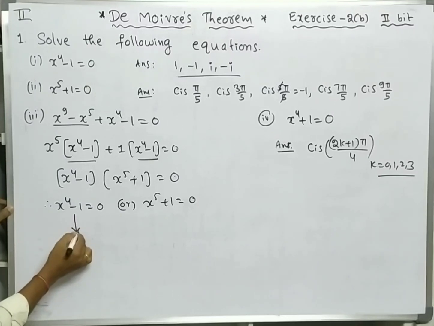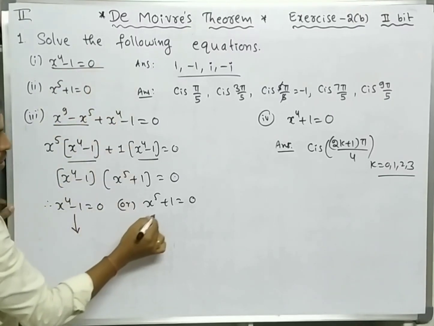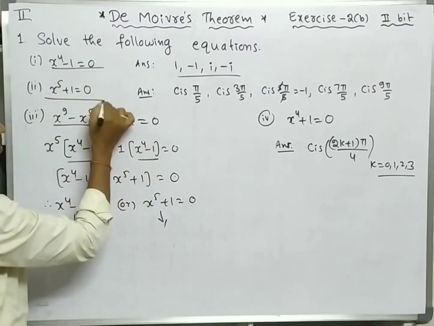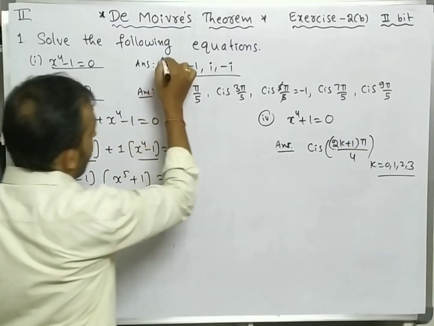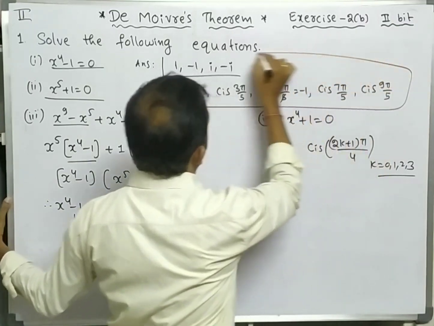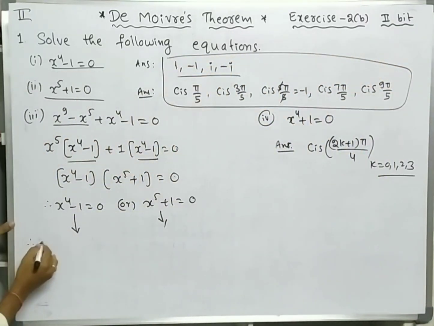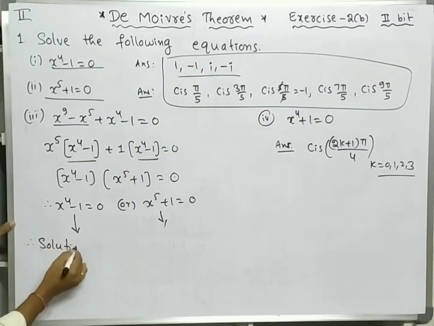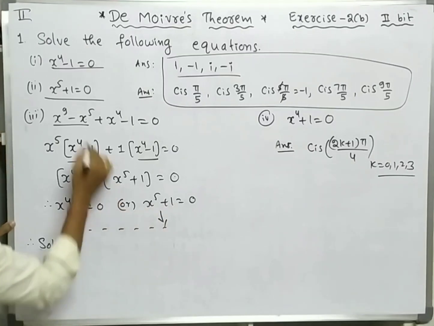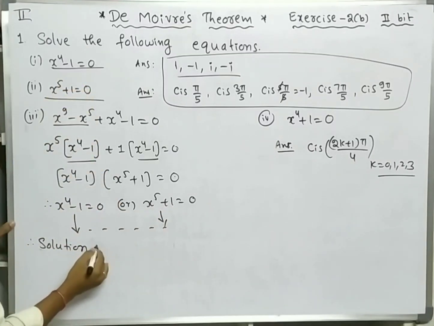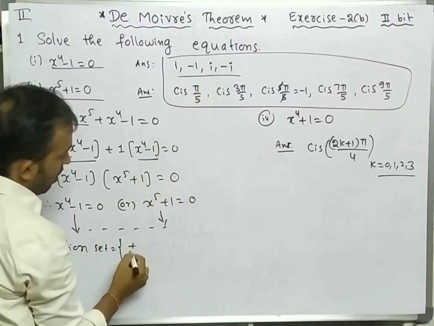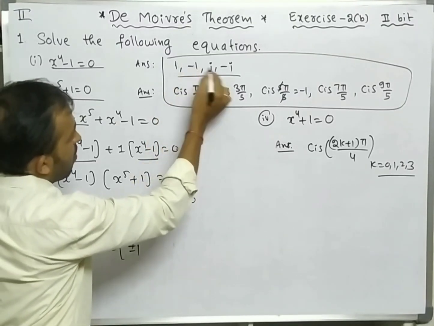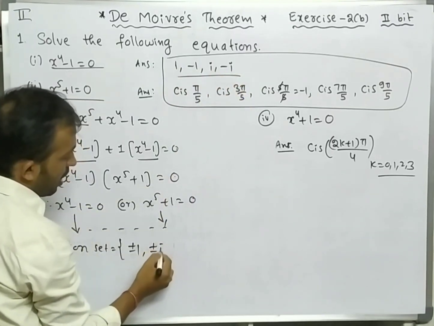Solve this one, that means the first problem, and solve this one, that means the second problem. So you should solve the first and second problems, then write all these solutions finally as the solution set. It contains plus or minus 1, plus or minus i.